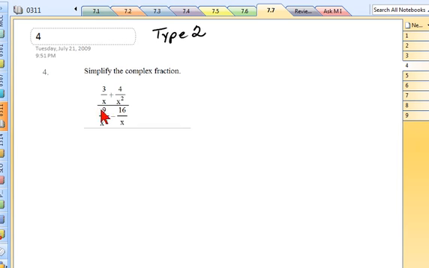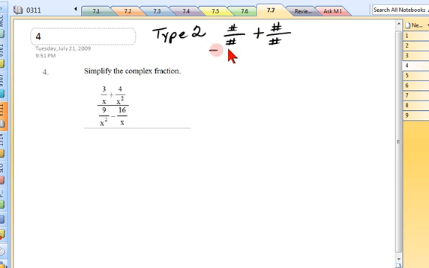This particular example has a fraction plus a fraction over a fraction minus a fraction. It doesn't have to be quite that complicated, but if you have either the sum or the difference of terms in the top or the bottom, then you can't do method 1.